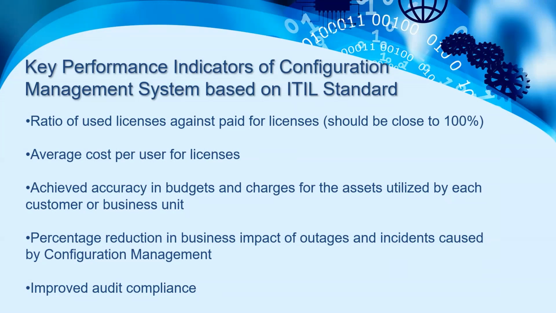If you have a comprehensive and optimal configuration management system, then you would know when you need to add additional licenses and when you don't need to add additional licenses to keep this metric at the optimal standard. The next one is average cost per user for licenses. This is another important metric. How much is it costing per user to acquire your licenses?